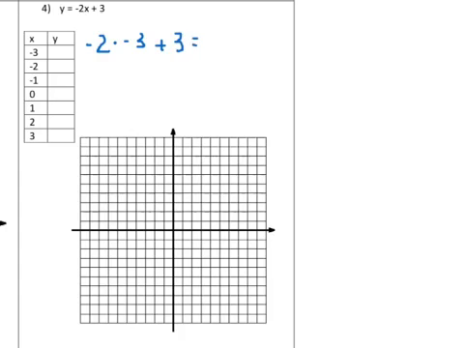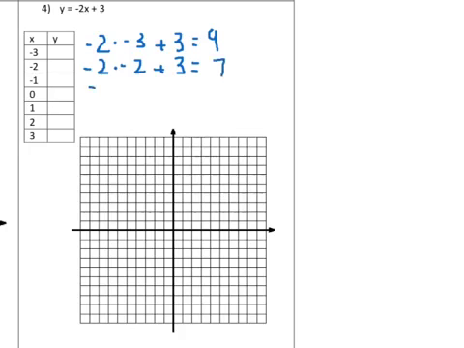So a negative times a negative is a positive. That gives me a positive 6 plus 3 is 9. I continue on in my table. Negative 2 times negative 2 plus 3. So that gives me a positive 4 plus 3 is 7.